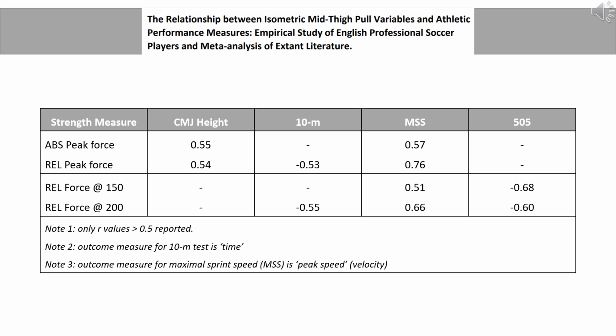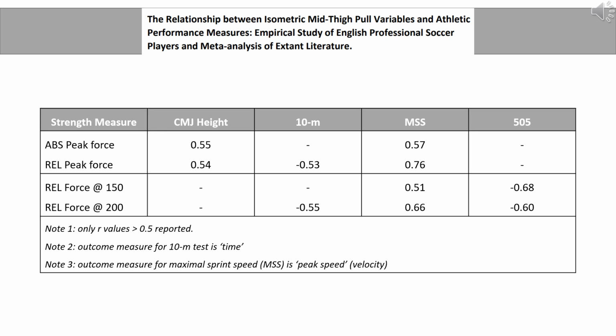And then as a final slide for this strength section, I thought I'd present an array of different correlations looking at the relationship between isometric mid-thigh pull metrics and different athletic performance measures. And this was done in English professional soccer players. So for our strength measure, we've got absolute and relative peak force, and then we've also got force or relative peak force at 150 and 200 milliseconds on the force-time curve.